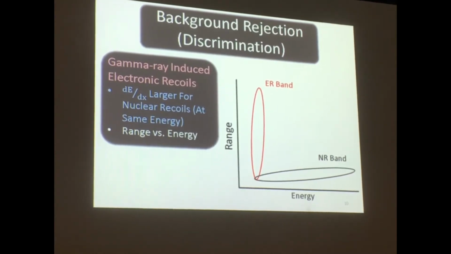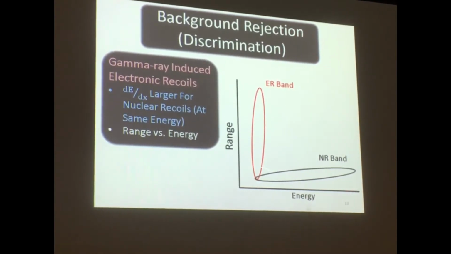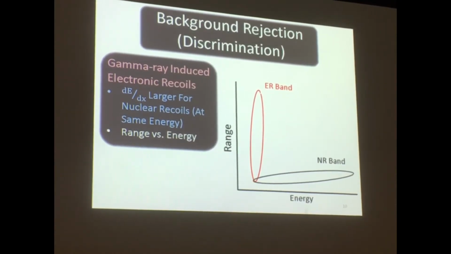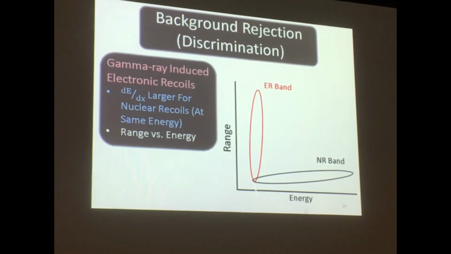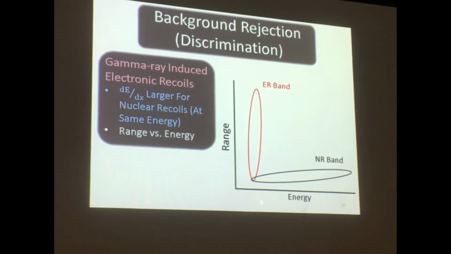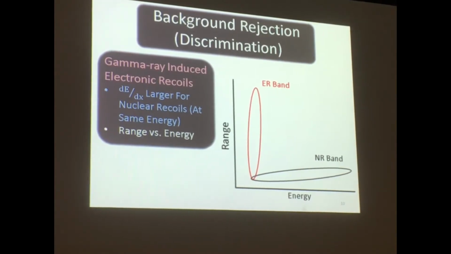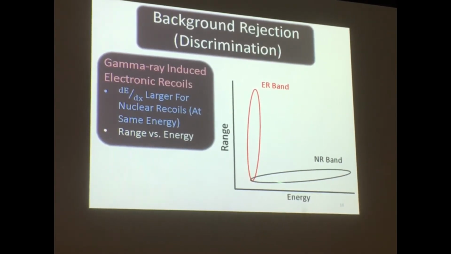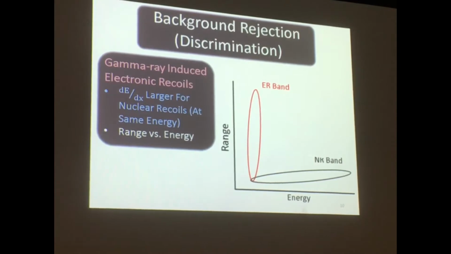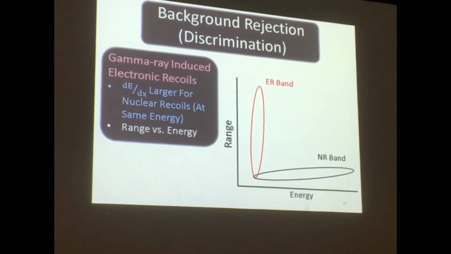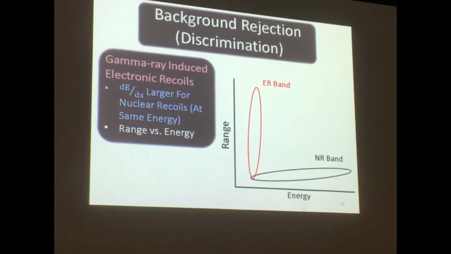So if you plot the range versus energy of your events, the electronic recoils will tend to reside in this vertical band here. At the same energy, they tend to be longer than the nuclear recoils. So you can separate the two populations and do your discrimination that way. This is very important, and I'll be talking about that more.